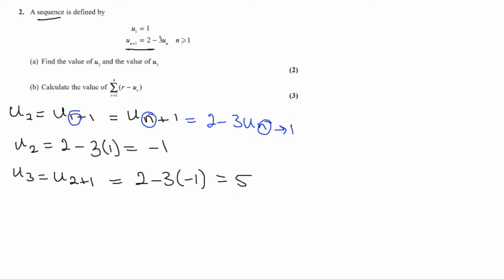Moving on to the next part. In part B, this was part A. In part B, they're asking us to calculate the value of the summation of r minus Ur, where r goes from 1 to 4.